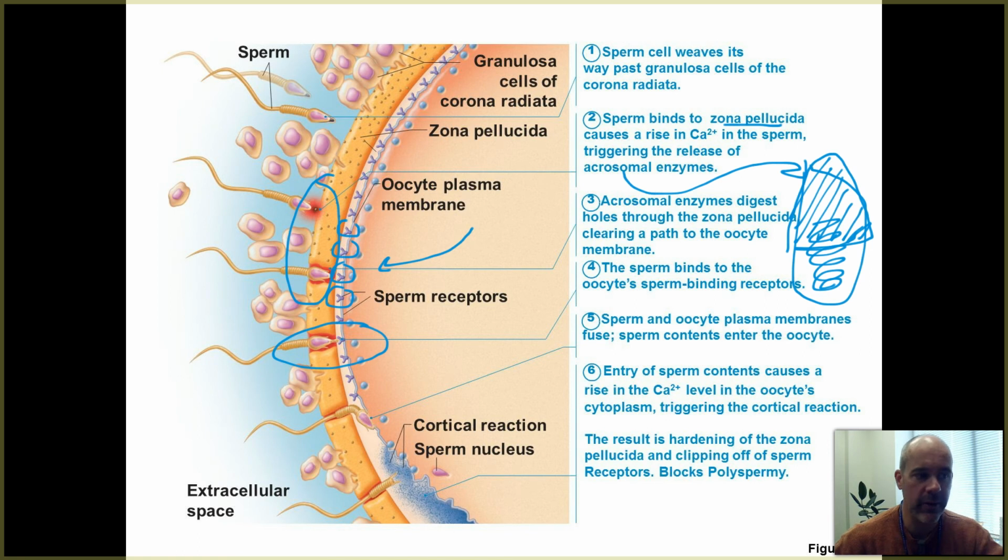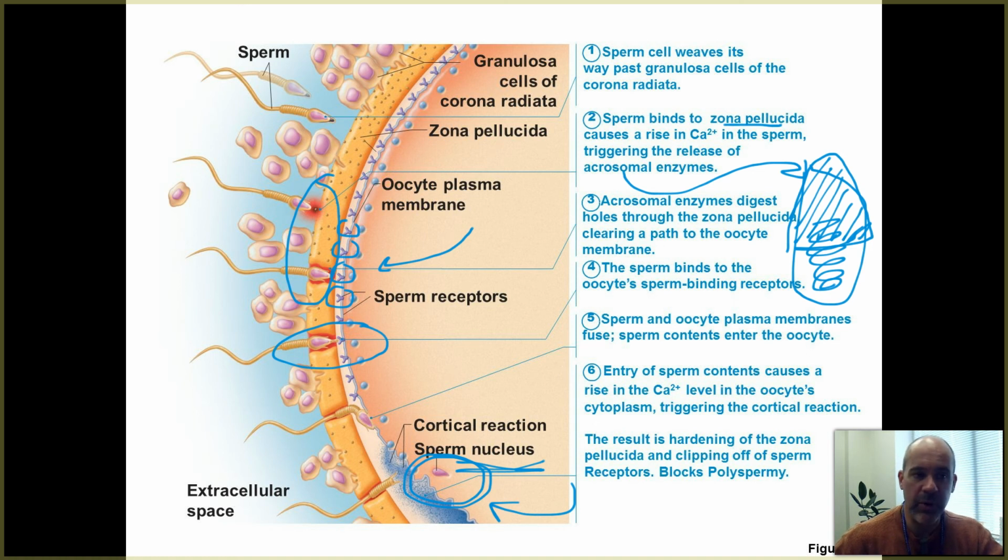So it's going to be our winner. And after that happens, the membrane around the head of the sperm and the membrane of the secondary oocyte fuse together, they kind of melt together, and that releases the nucleus of the sperm inside the secondary oocyte.